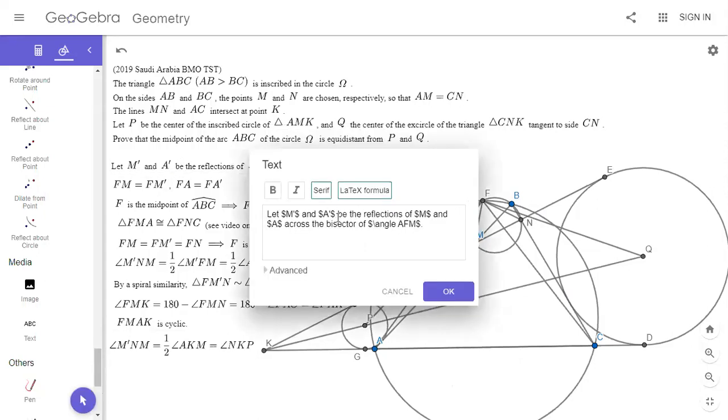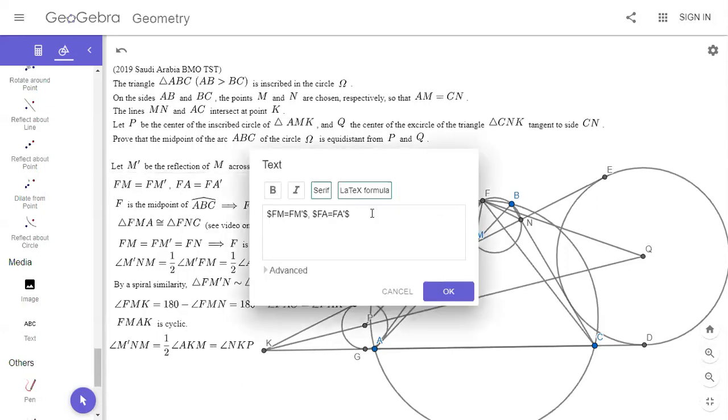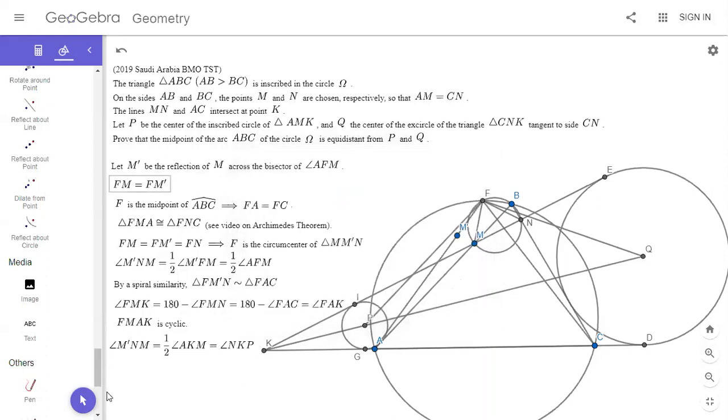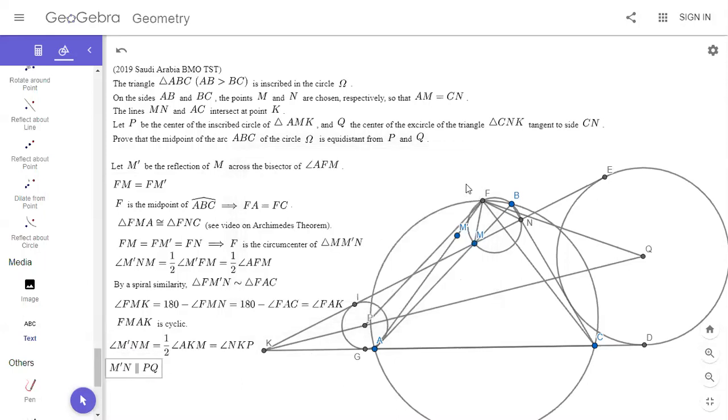So yeah, I could just... and so since FM prime N is isosceles, that means FPQ is isosceles.